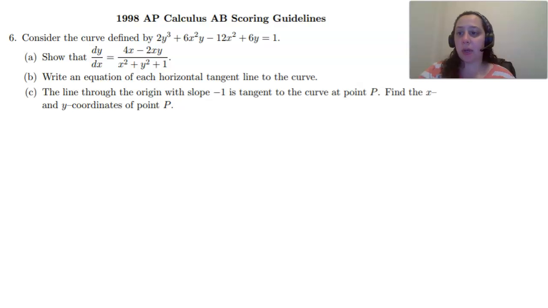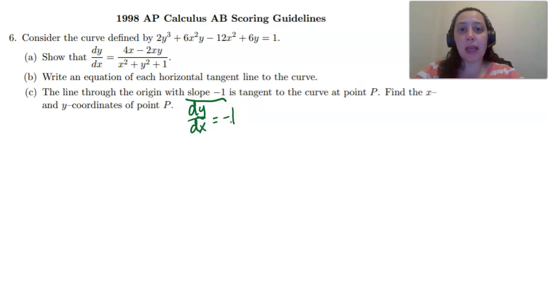Let's do this last part. The line through the origin with slope -1 is tangent to the curve at point P. Find the x and y coordinates of point P. So they're telling us that our slope is -1. And remember, slope is the same as dy dx.